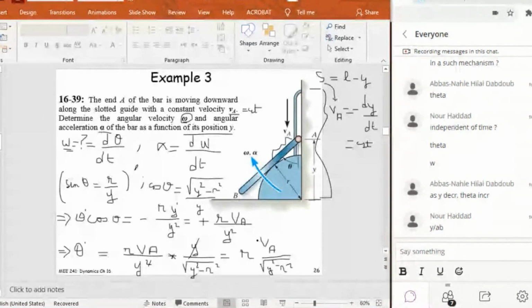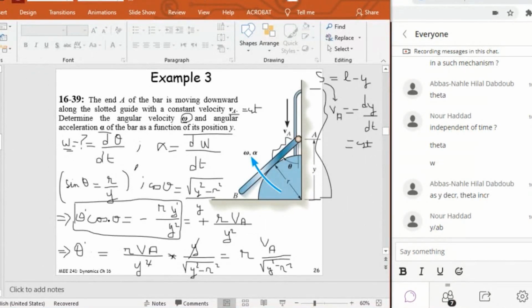And then I can take this one and do the second derivative to find alpha. So you can do the second derivative to find alpha, or you can also start from here and do the second derivative. In this case, you will get rid of the derivative of this radical.